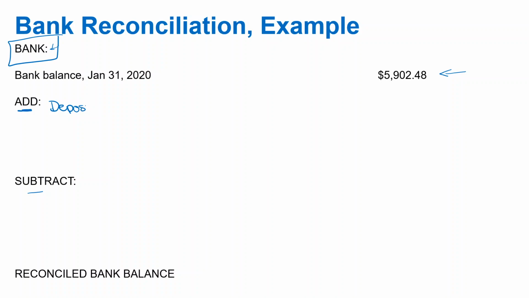So we're going to say the deposit in transit, and per the question, it was $1,591.63. Okay, so that's the first reconciling item.